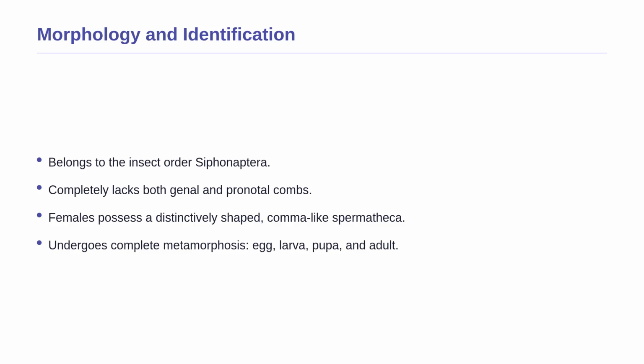Unlike common cat and dog fleas, it completely lacks both genal and pronotal combs, which are thick bristle-like structures around the head and neck. Furthermore, if you are looking at a female specimen, you will see a distinctively shaped spermatheca, or sperm receptacle, that looks exactly like a tiny comma. Like all fleas, it develops through complete metamorphosis: egg, larva, pupa, and adult.